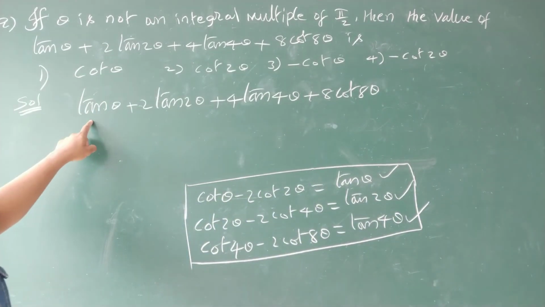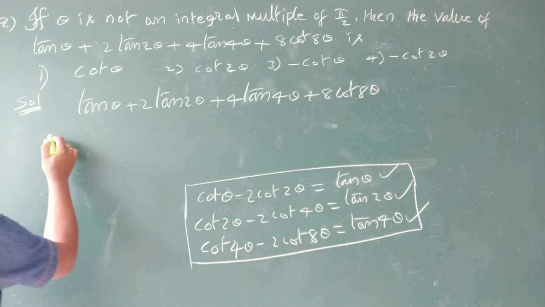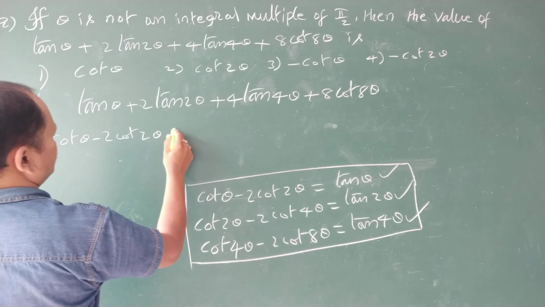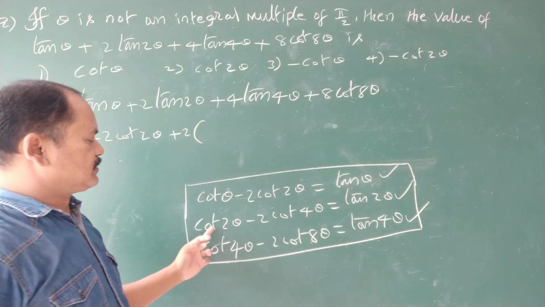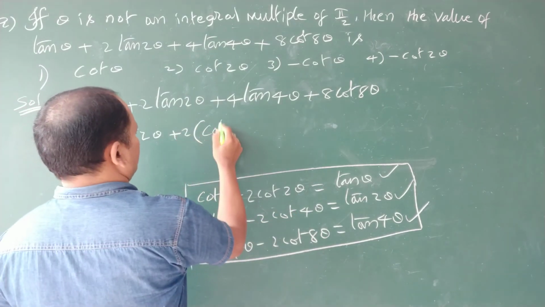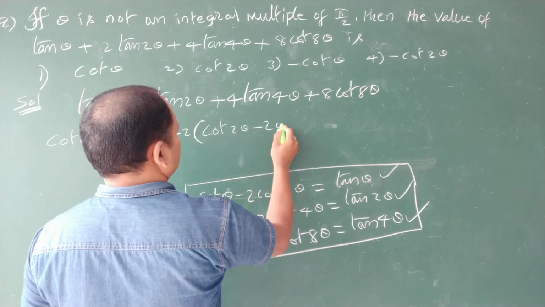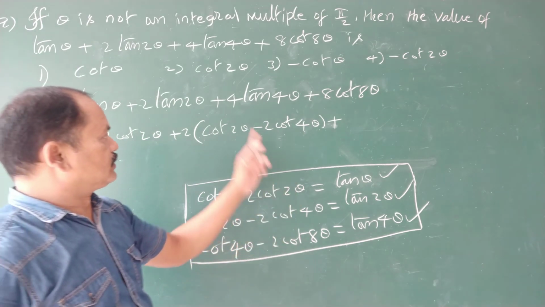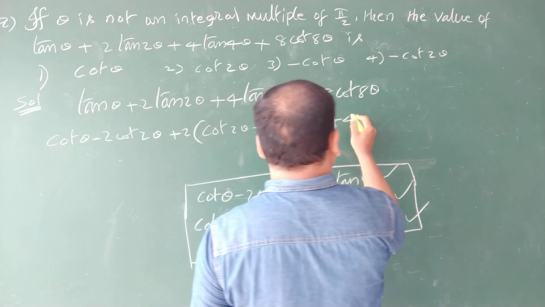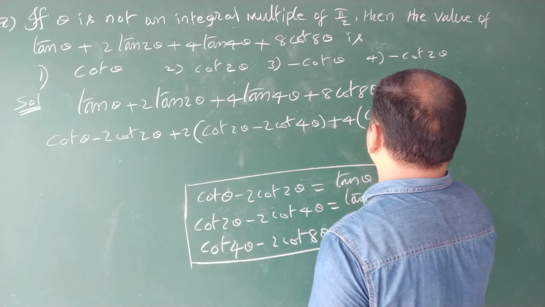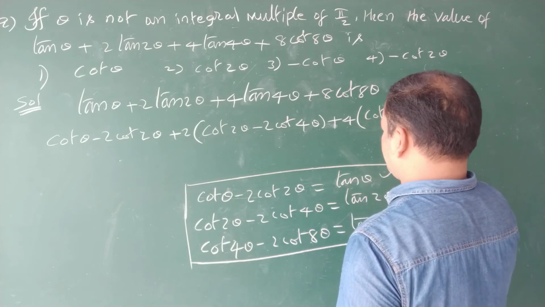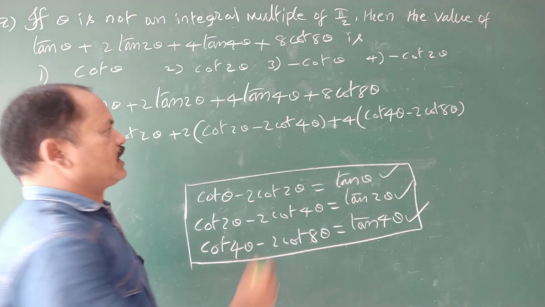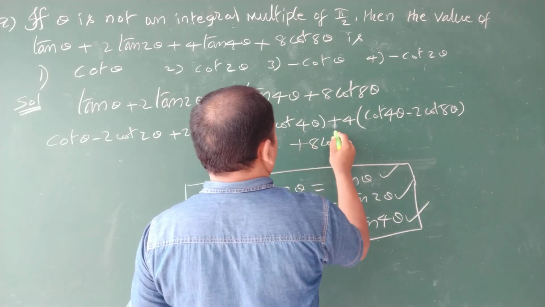In place of tan theta, we write cot theta minus 2 cot 2 theta, plus 2 times cot 2 theta minus 2 cot 4 theta, plus in place of tan 4 theta, 4 times cot 4 theta minus 2 cot 8 theta, plus 8 cot 8 theta.